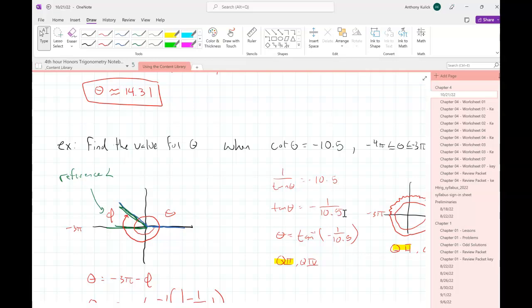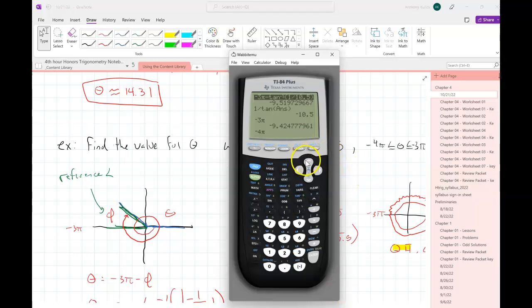I'd have to type that in again and check it, which I could do, but if I just went back a step. You just plug it into your calculator really quickly, just to check. So if I did tangent of this, I should be getting negative 1 over 10.5. I don't know, is that negative 1 over 10.5? I guess I'll have to check.